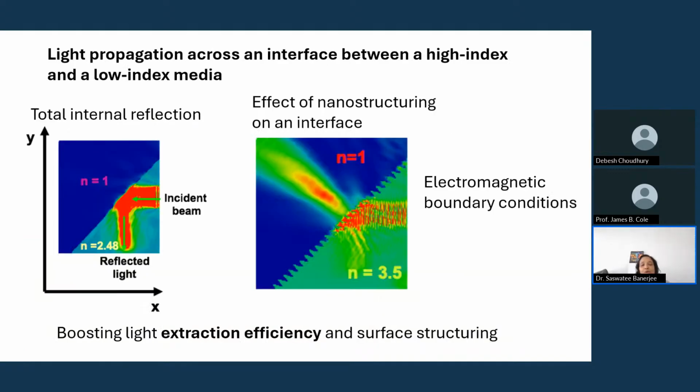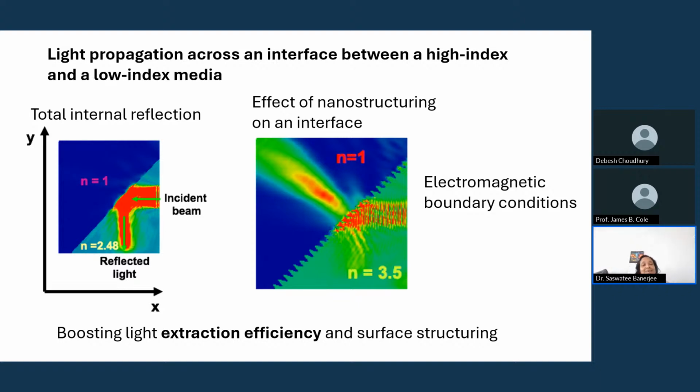So this is a little example, as I was talking about the interfaces. On the left-hand side, you can see an interface between a high index medium and a low index medium. What is happening here is that the incident beam is hitting the interface, the light is coming from inside the high index medium.